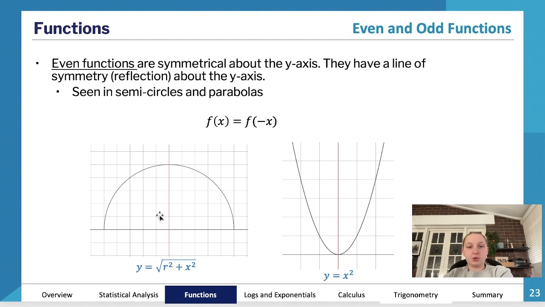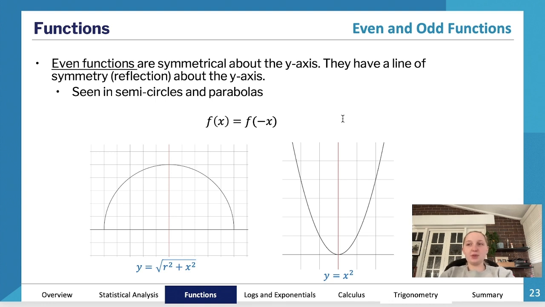So their line of symmetry or reflection, depending on how you want to think about it, is about the y-axis. For example, you can see this in a semicircle. It's the exact same on the left and the right. And then you can see it in the parabolas as well.